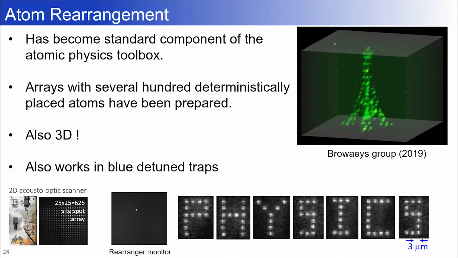Does that answer your question? I'm saying that people have demonstrated high fidelity in both blue and red traps. I think ultimately, when we get to very high fidelity, the blue traps will be preferred because of the Rydberg trapping. But this has not been important so far.